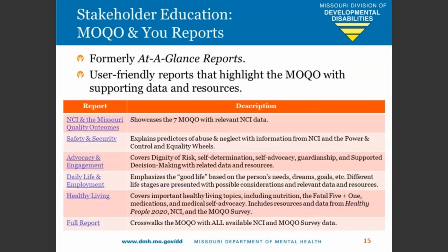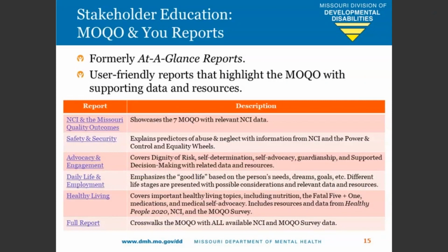Okay, so the MQO reports, of course, MQO stands for Missouri Quality Outcomes. These used to be called the equivalence reports.